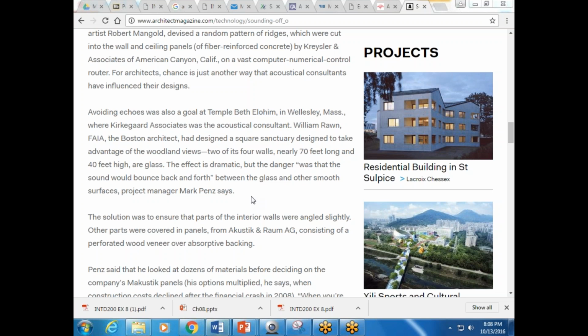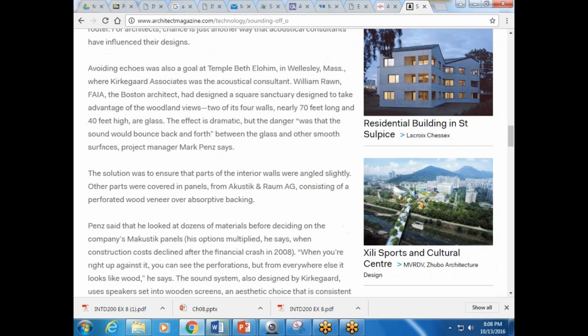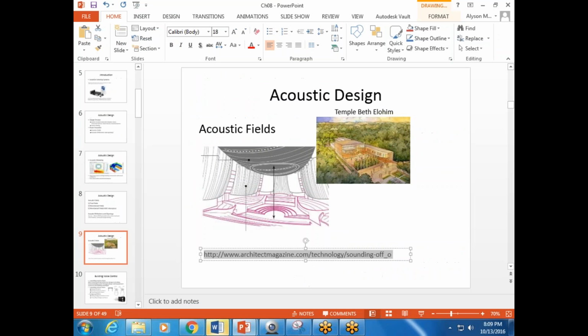The effect is dramatic, but the danger was that the sound would bounce back and forth between the glass and other smooth surfaces. So the solution was to ensure that part of the interior walls were angled slightly and other parts were covered in panels, consisting of perforated wood veneer or absorptive backing. I have a picture of that on here.